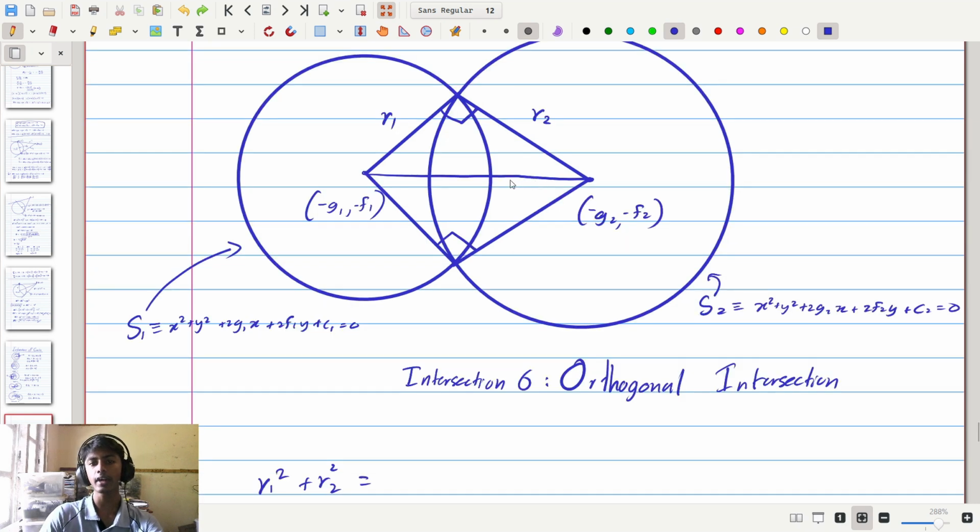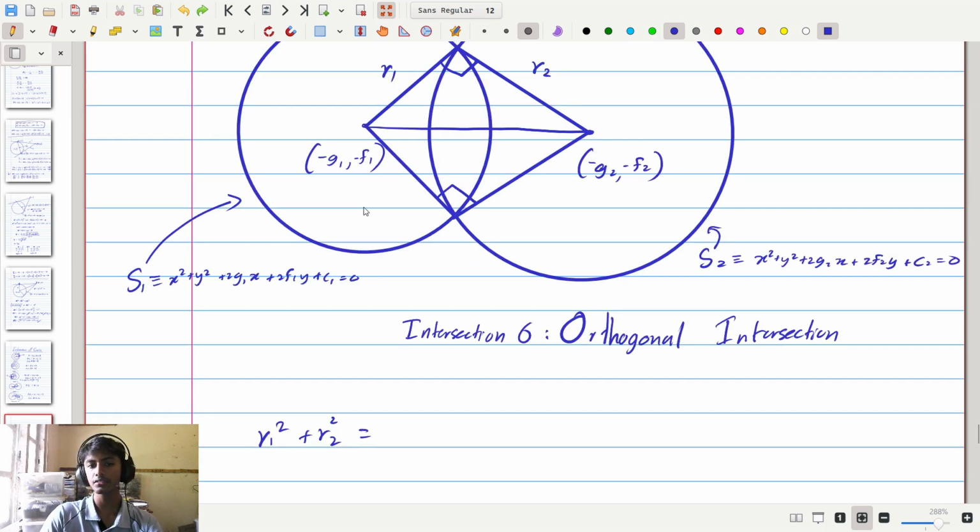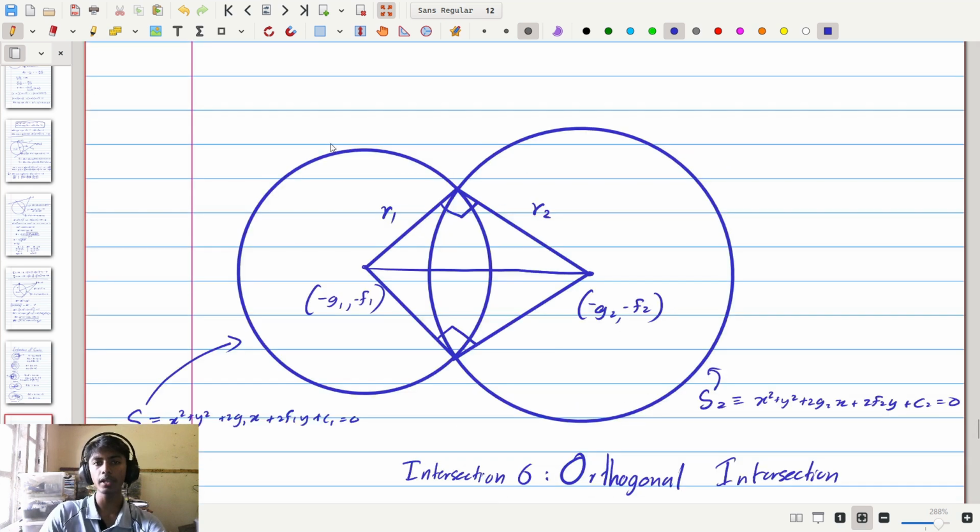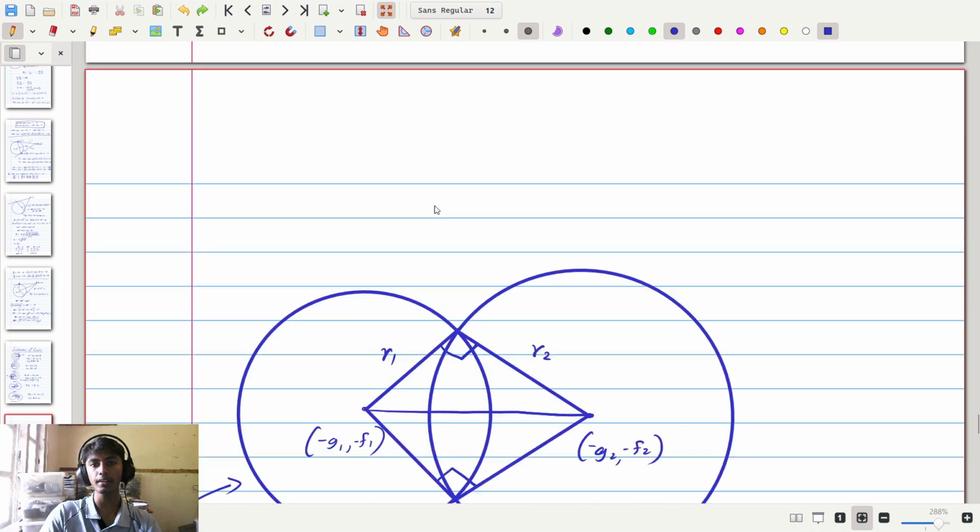Now then, writing this down, let's say that the x coordinate difference will be taken as negative g1 minus negative g2 squared. So we have g2 minus g1 squared plus negative f1 minus negative f2, which is going to be f2 minus f1 squared. Now, we know formulae for the radius r1 and radius r2 based on the other constants of the circle.